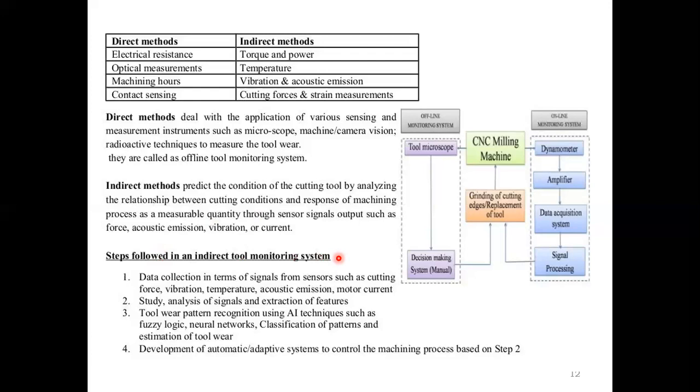The third step is tool wear pattern recognition using AI techniques such as fuzzy logic, neural network, classification of patterns, and the estimation of tool wear. The fourth one is development of automatic or adaptive systems to control the machining process based on step two. So there are two methods in tool monitoring system, the direct and indirect methods.